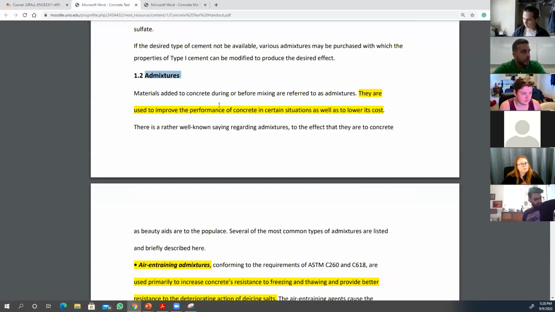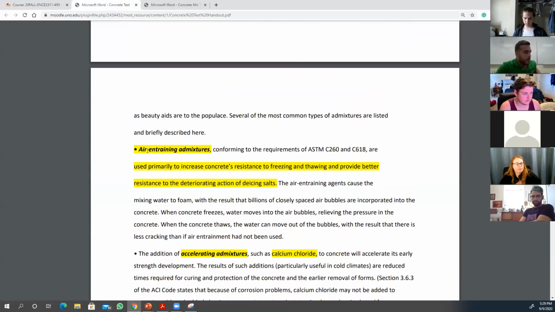Admixtures, right here. Materials added to concrete during or before mixing are referred to as admixtures. They are used to improve the performance of concrete in certain situations as well as to lower its cost.